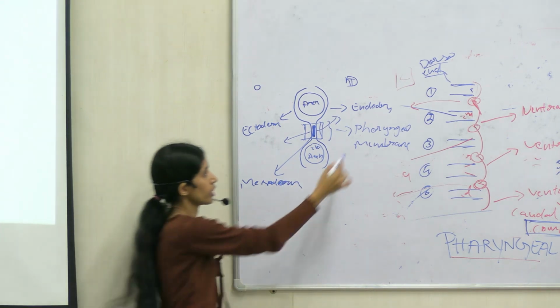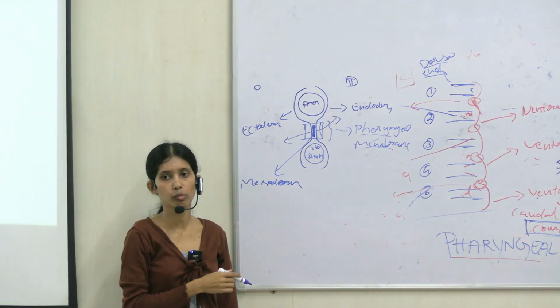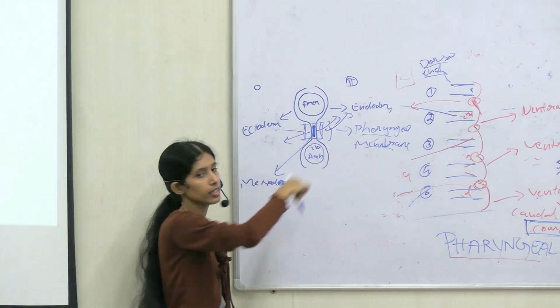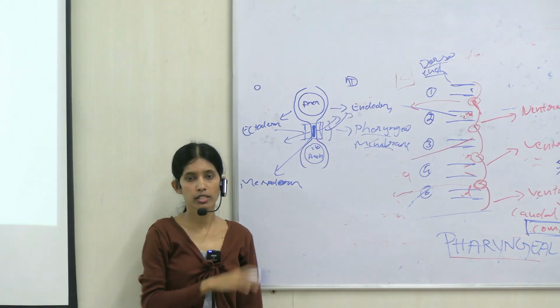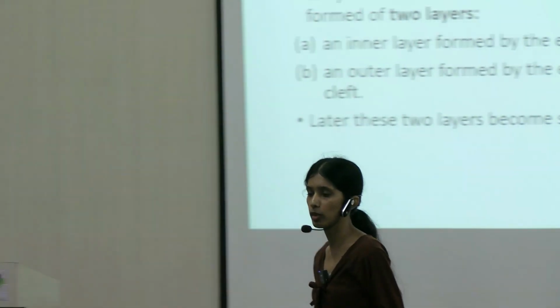So, your pharyngeal membrane is also a complex structure formed by the middle mesoderm, outer ectoderm and inner endoderm. These are the 3 structures that we can see in the pharyngeal membrane, and we name them first, second, third and fourth pharyngeal membranes.